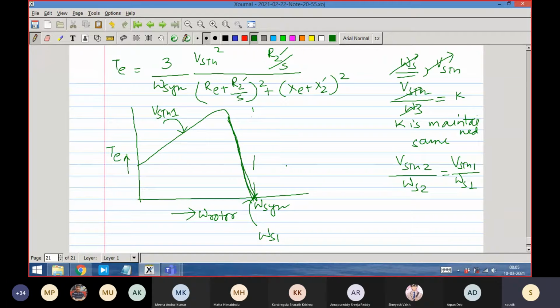We know that in this zone, R2 dash by S is qualitatively very much higher than both Re and X. This is because S is small, therefore R2 dash by S increases.